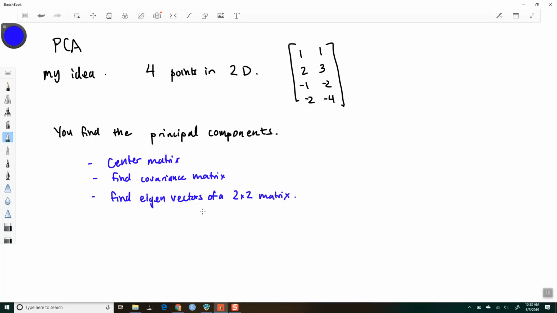Like I know we haven't covered it in this class, but like do the characteristic equation, right, and solve. Okay. I don't know. And then once you find the eigenvectors, project the data onto eigenvectors.